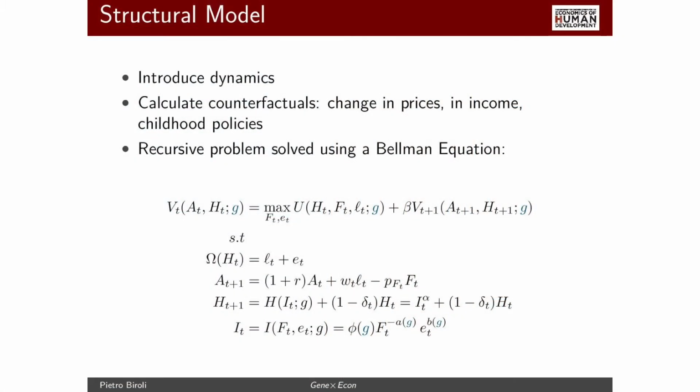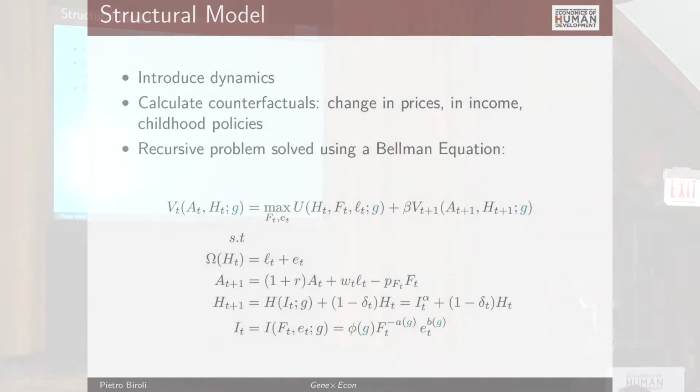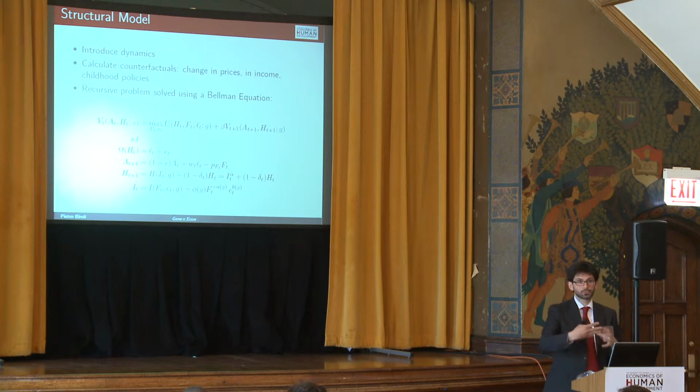Using these insights, we construct a structural model that takes into account the dynamics, and so considers the fact that if indeed there are differences in the level of investments and the way that investments are converted into outputs, then there could be accumulation of these differences over time, and this can lead to the observed differences in BMI that we see in both the children and in adults.